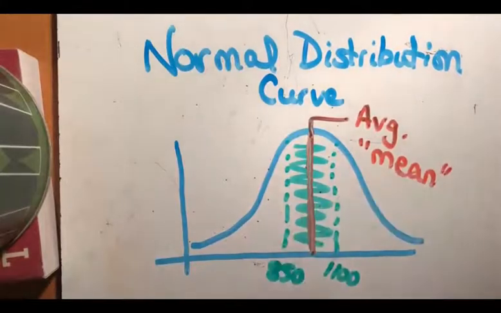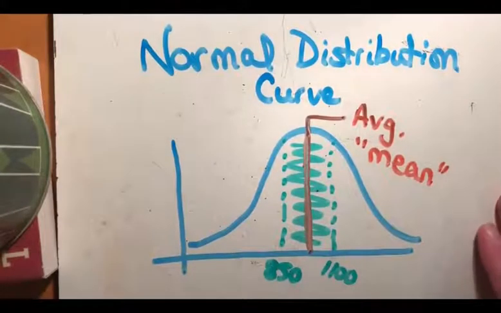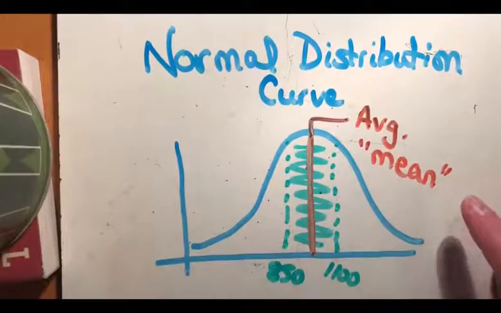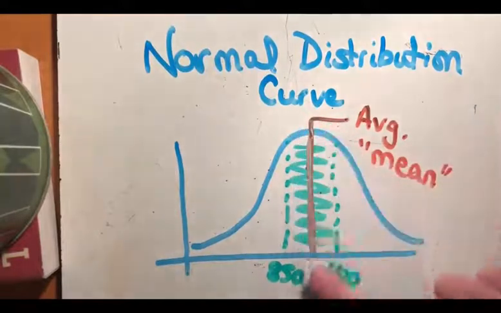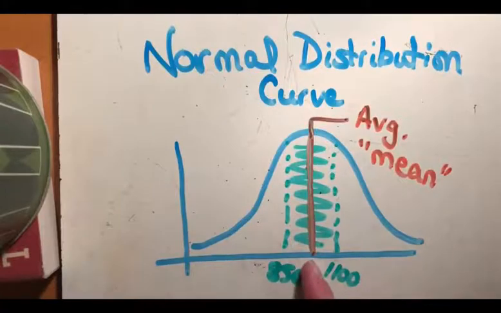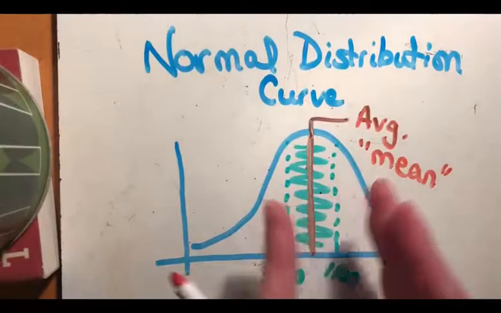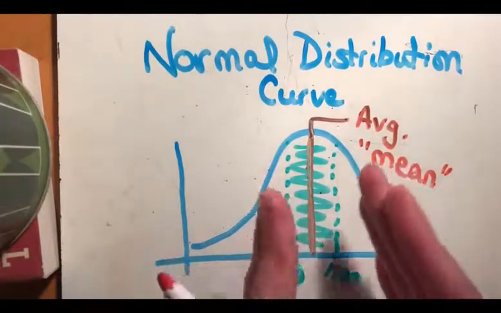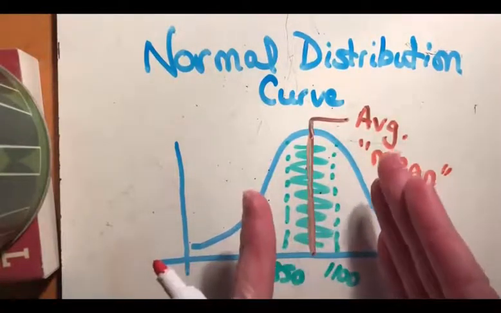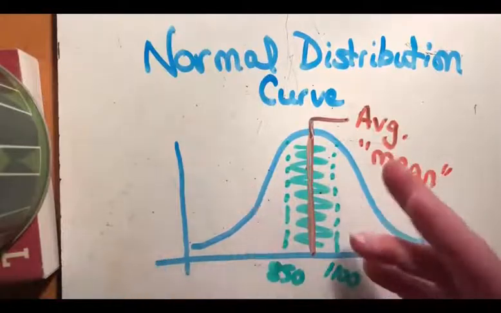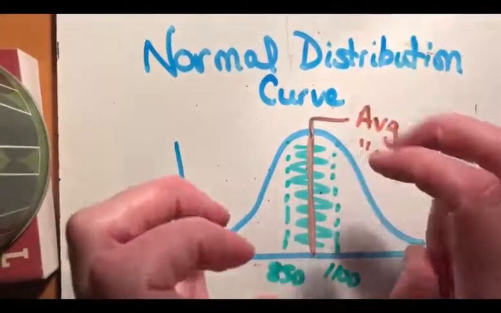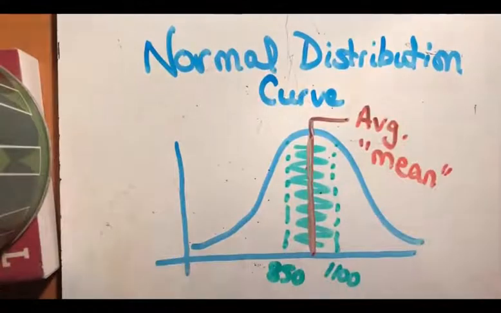All right, so when we talk about the mean of a data set or an average that's going on here, we're looking at something that's going to be right there in the middle part of it. So an average is going to tell you where your middle part is of your normal distribution curve. And then there's always that little bit of wiggle room that tells you how far above and below that average is considered normal. Okay, so notice we're using the air quotes for normal.